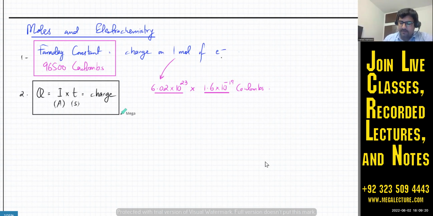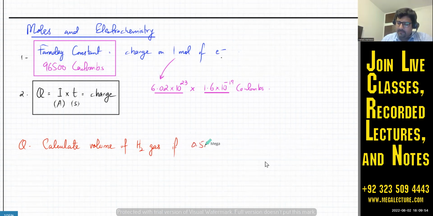I'm going to do one question. For example, they might ask you a simple question: calculate the volume of hydrogen gas, H2 gas, if 0.5 ampere current is passed for 1.5 hours in the electrolysis of H2SO4.